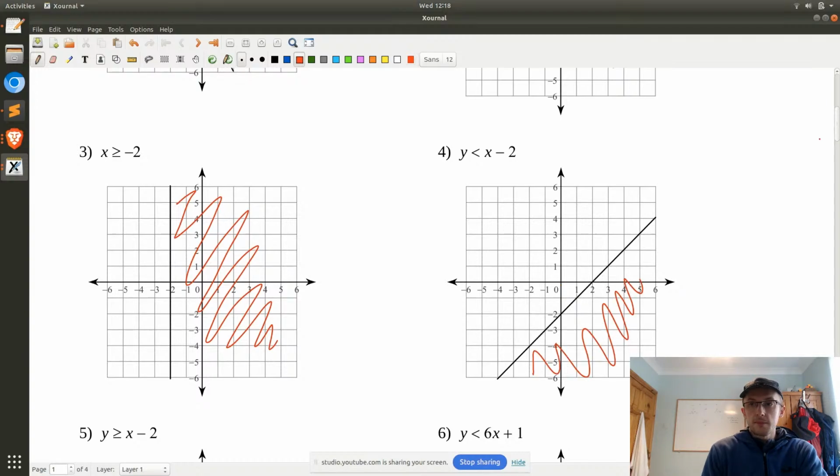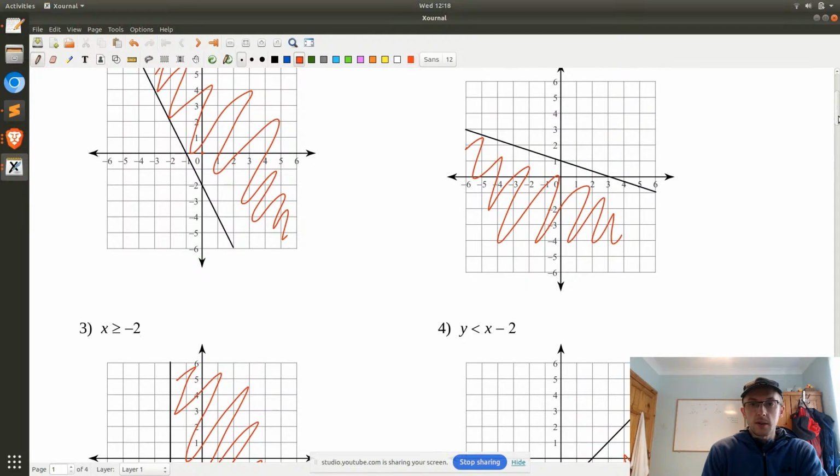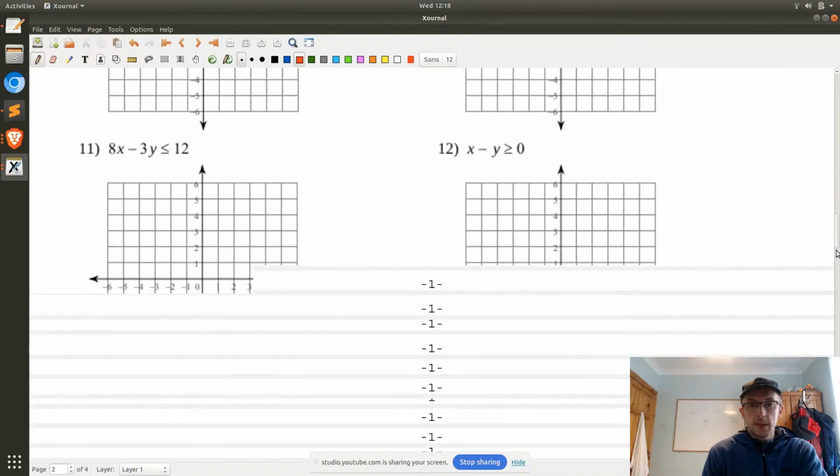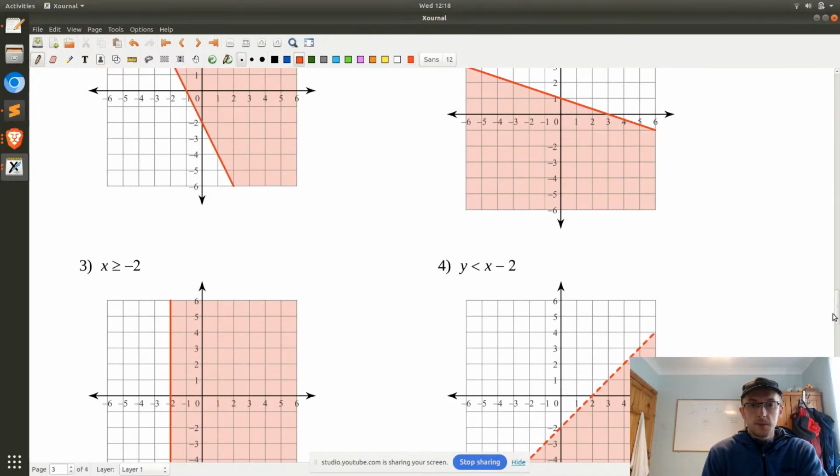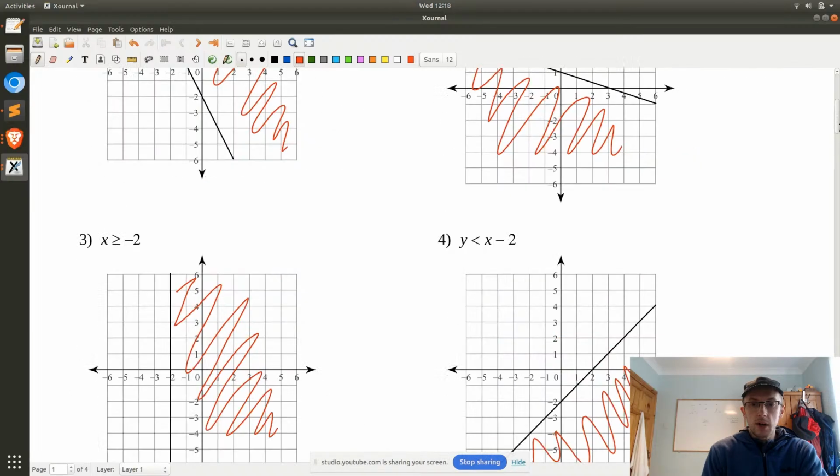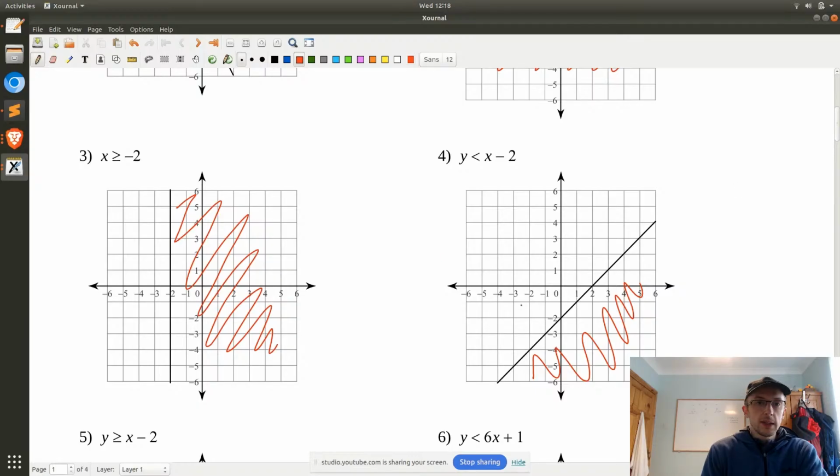So let's check if these are right so far. Yeah, more or less, except for this one. I don't know how to do a dotted line on here. Is there a way to do it or not? There does not appear to be a way to do it.